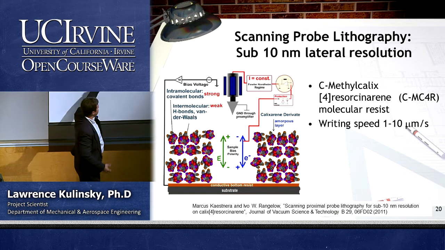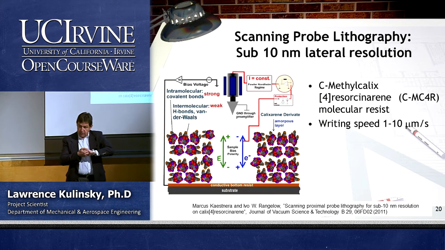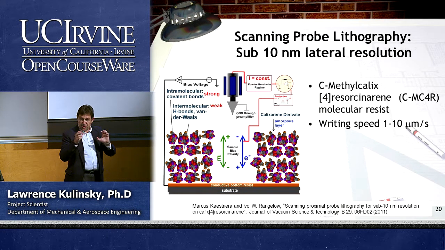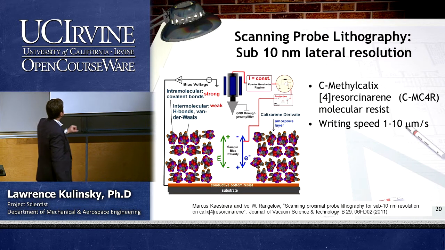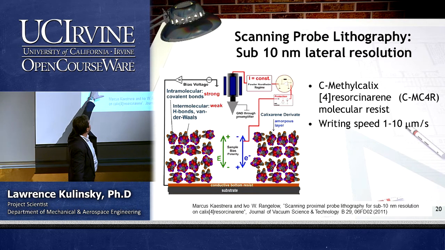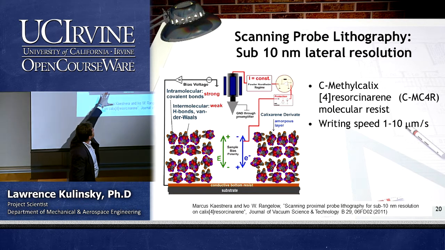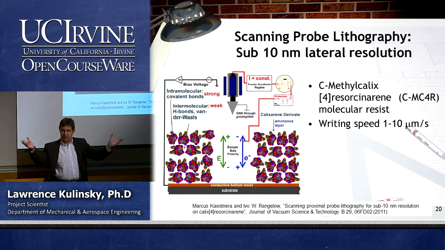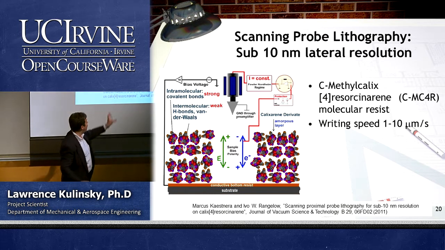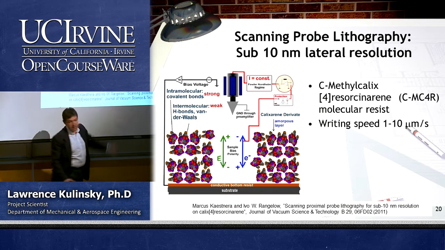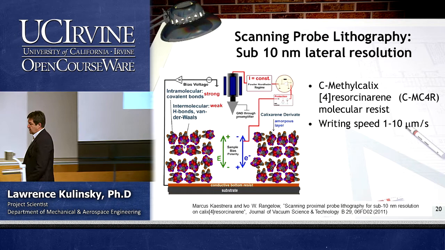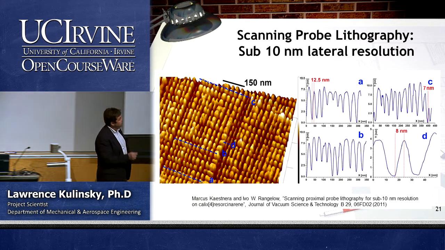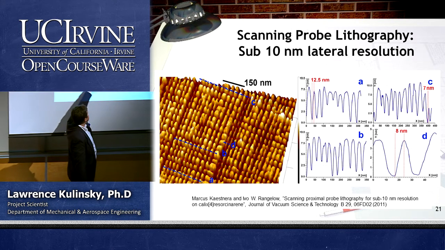Internally the molecules are strongly bonded, but they have only weak intermolecular bonding: hydrogen forces, van der Waals. So when you apply bias between the tip of the microscope and the substrate, you basically take those molecules away. You open the window.